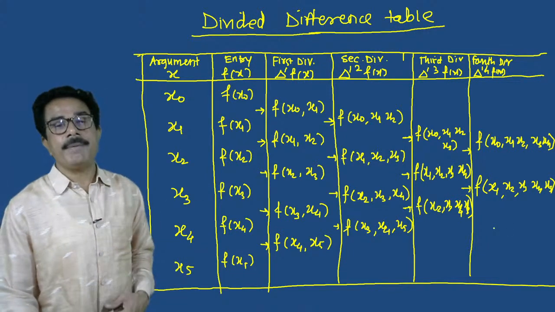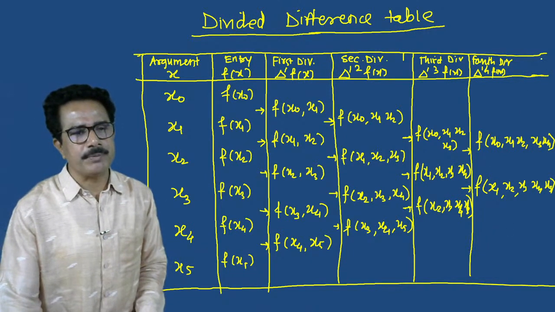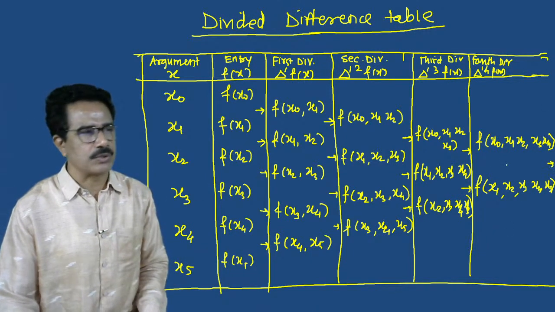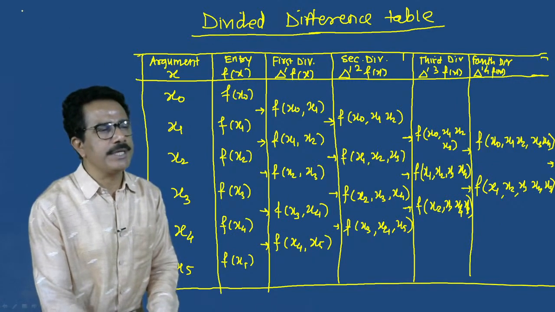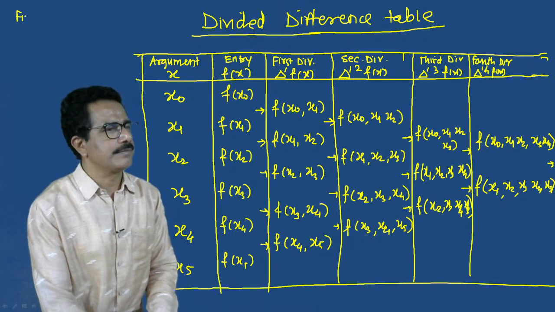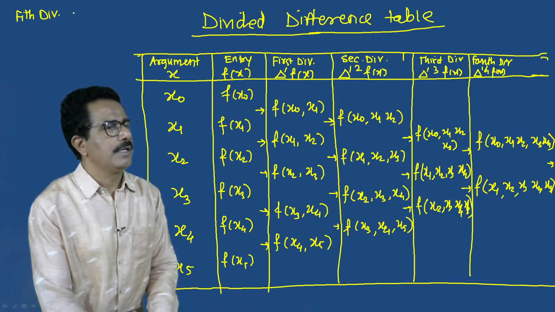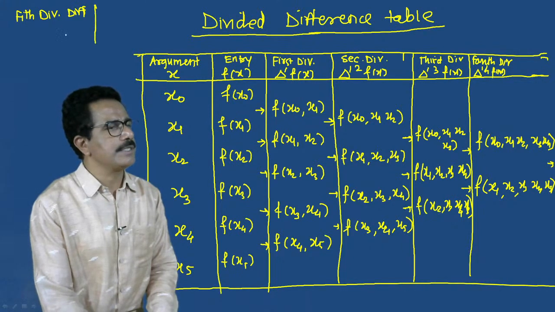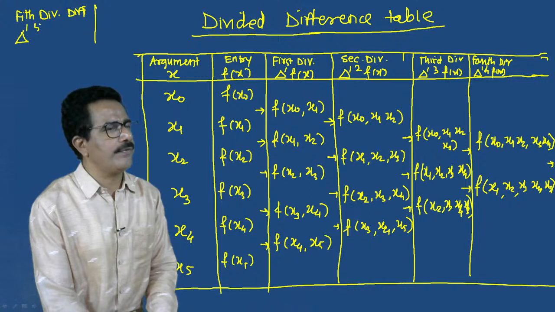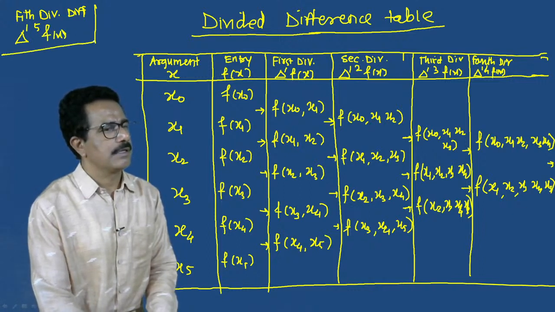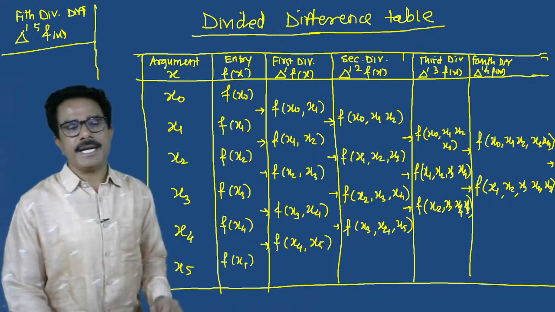Now the last one is the fifth divided difference. Write in front of this, which is equal to, then fifth divided difference, which is given by delta dash 5 f of x. How can we write it, students?